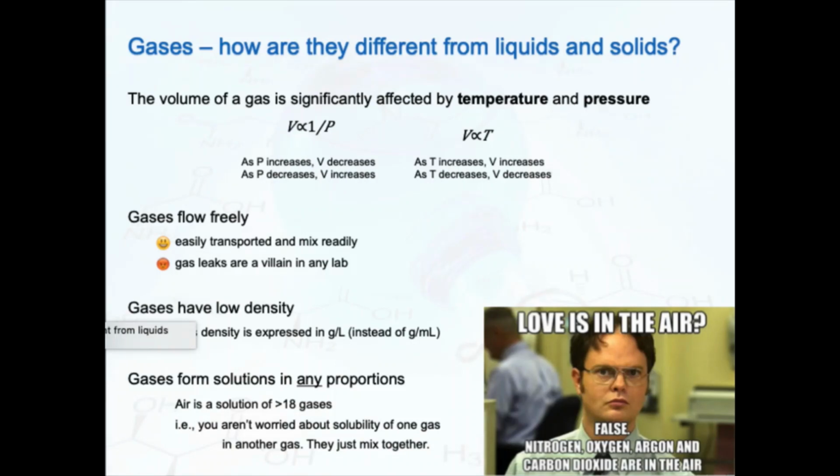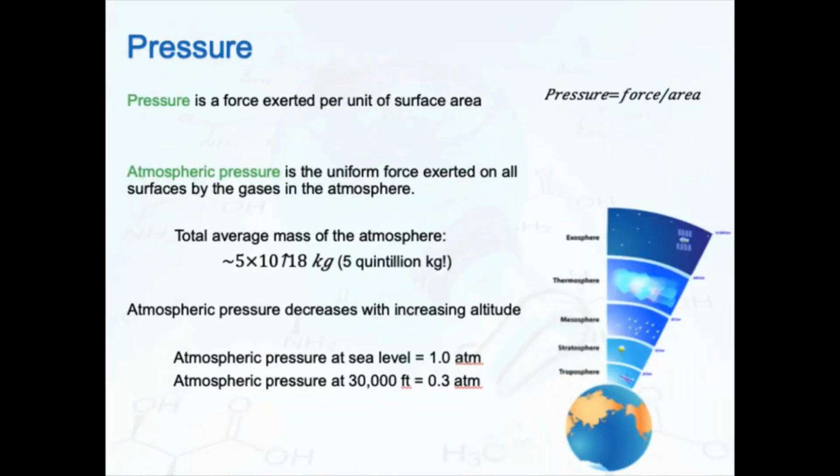Okay, so when we're referring to pressure, we're going a little bit away from gases because pressure can be about a lot of things. So overall pressure is a force exerted per unit of surface area. So when you push on something, it can be used with water, with air. When we talk about gases, it's atmospheric pressure in general.